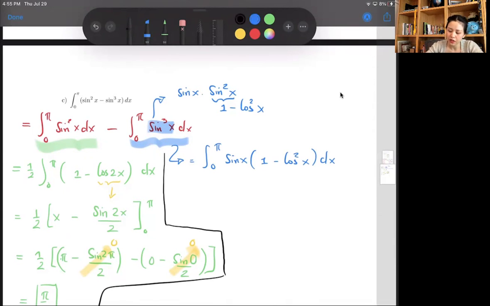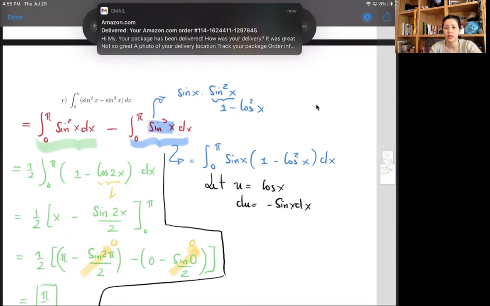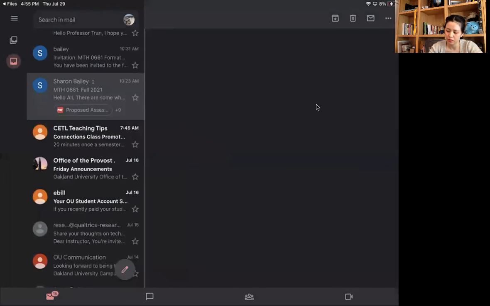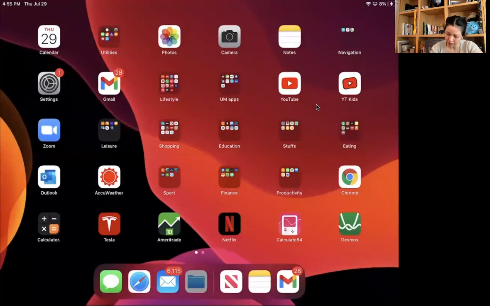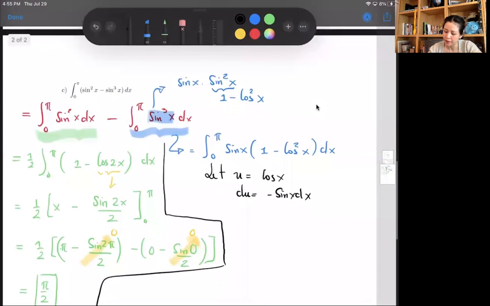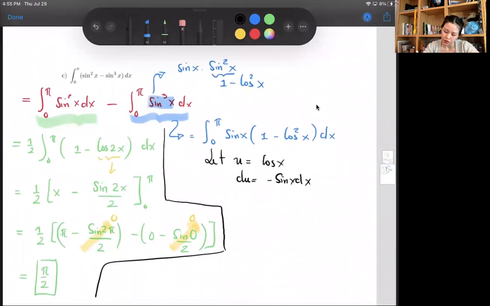Next, I'm going to let u equal cosine x. So that means du is minus sine x dx. Or better yet, minus du equals sine x dx.